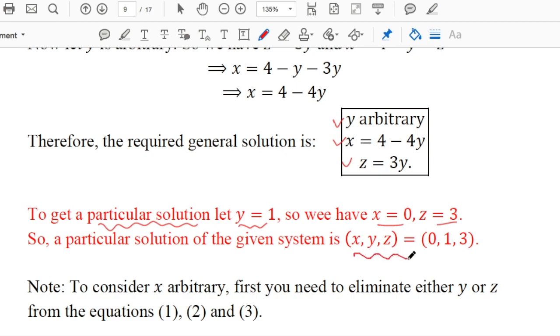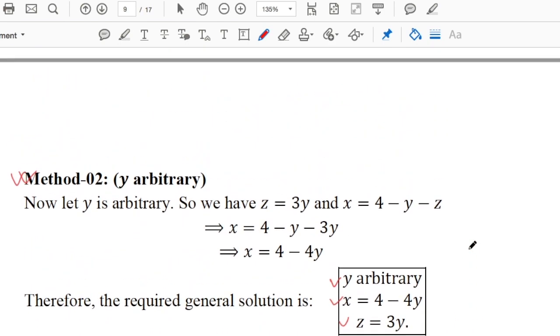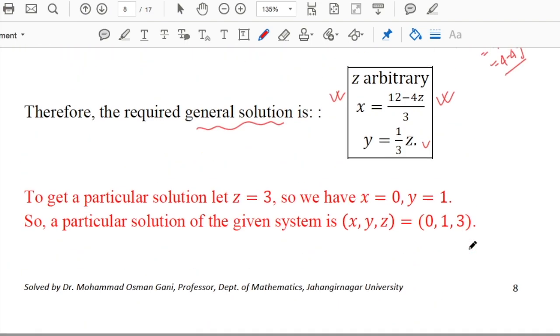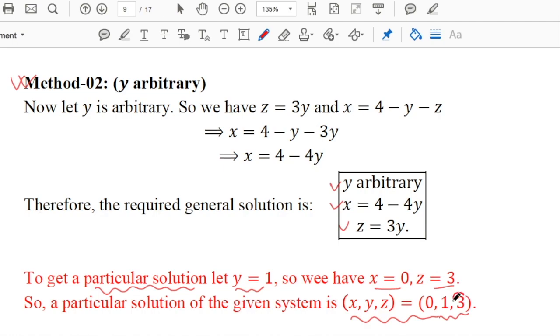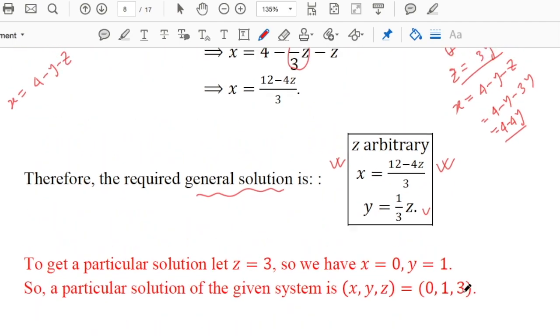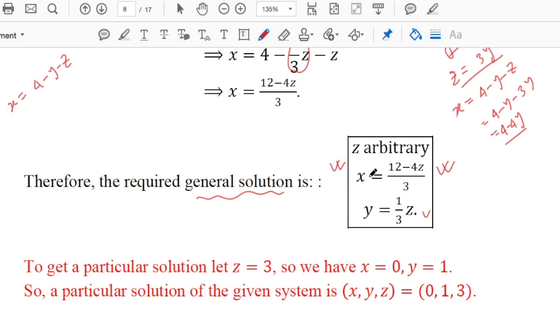So the solution is 0, 1, 3. Let me check it here with z arbitrary. If I consider 3 for z in this general solution, y will be 3 by 3, which means 1, and x will be (12 minus 12) divided by 3, which is 0.